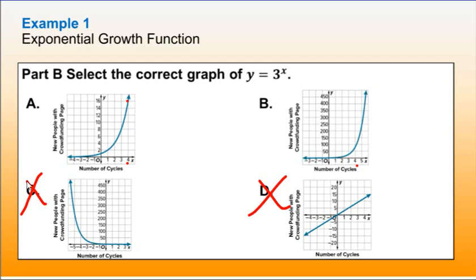Now, if I look at 4 here, that's going to be roughly there, which would be just under 100, so we could say roughly 75, 80. If I were to put 4 in for x, I would have 3 raised to the 4th power. That would give us 81. So the correct choice would be graph B.